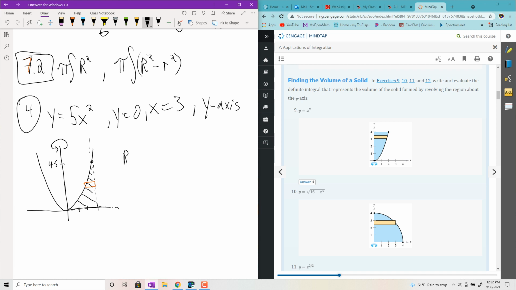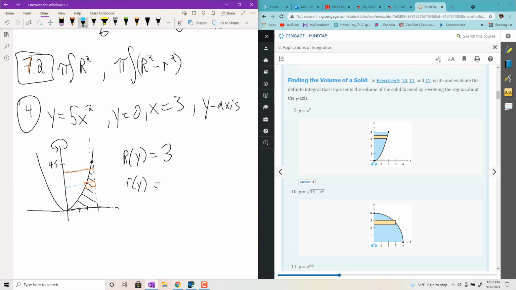Okay, so I'm going to need a big R, and the base of this rectangle will be on the y-axis. So it's going to be a big R of y and then a little r of y. Okay, so the big R of y is the distance all the way to that straight line there, that x equals 3. So big R of y is just 3, and then little r of y will be variable, and it's basically the distance to the bottom of that rectangle.